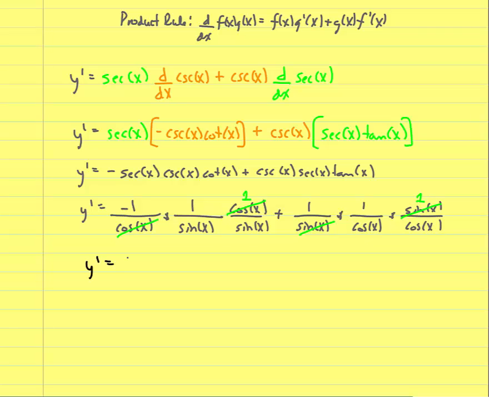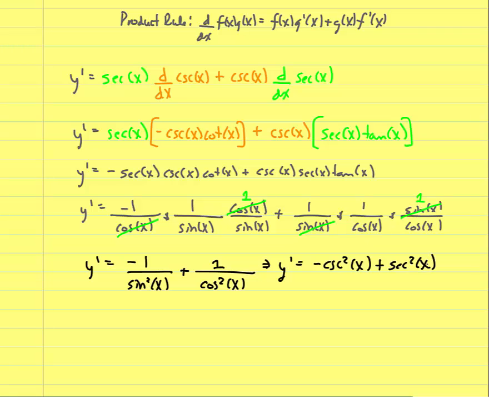Rewriting, it looks like I have a negative 1 over sine squared of x plus a positive 1 over cosine squared of x. But 1 over sine squared is cosecant squared, so this is a negative cosecant squared of x. And 1 over cosine, of course, is secant, so 1 over cosine squared is secant squared.